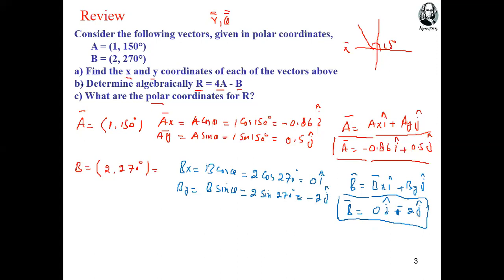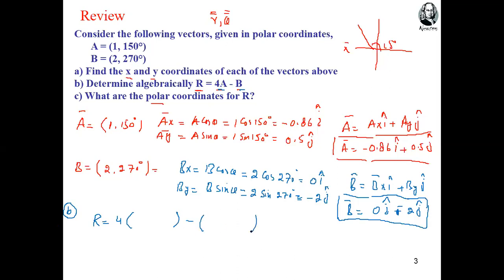Next, step number B, we need to find R equal to 4A minus B. So if you write R vector, it is equal to 4 multiplied with A vector, then we have minus B vector.